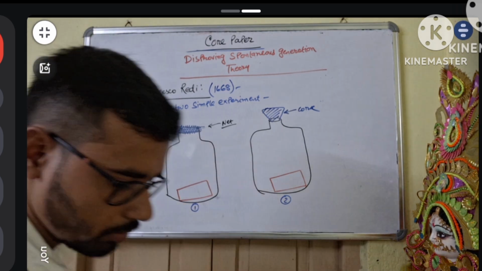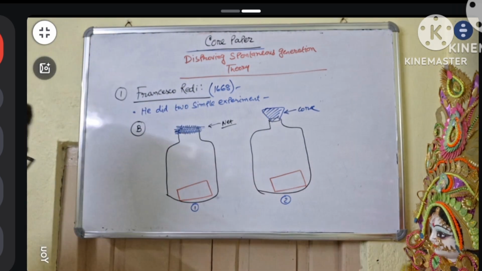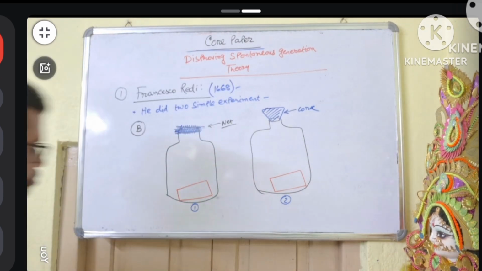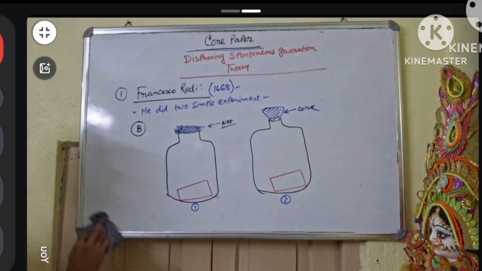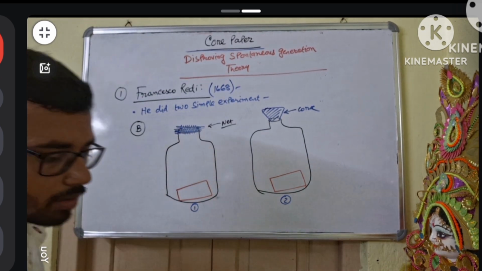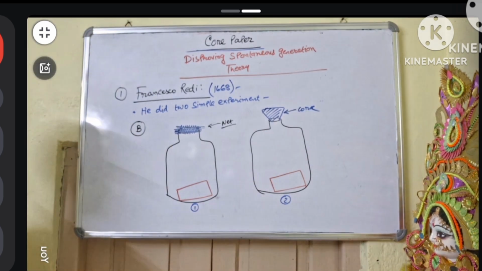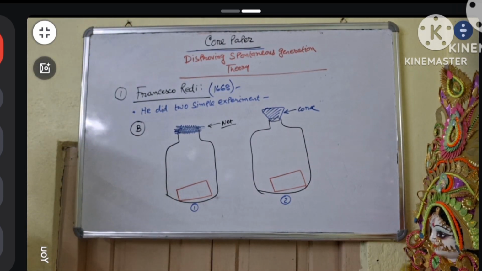In the second experiment, what will be your expectation? Our expectation. Where will the maggots come? Jar 1 or jar 2?